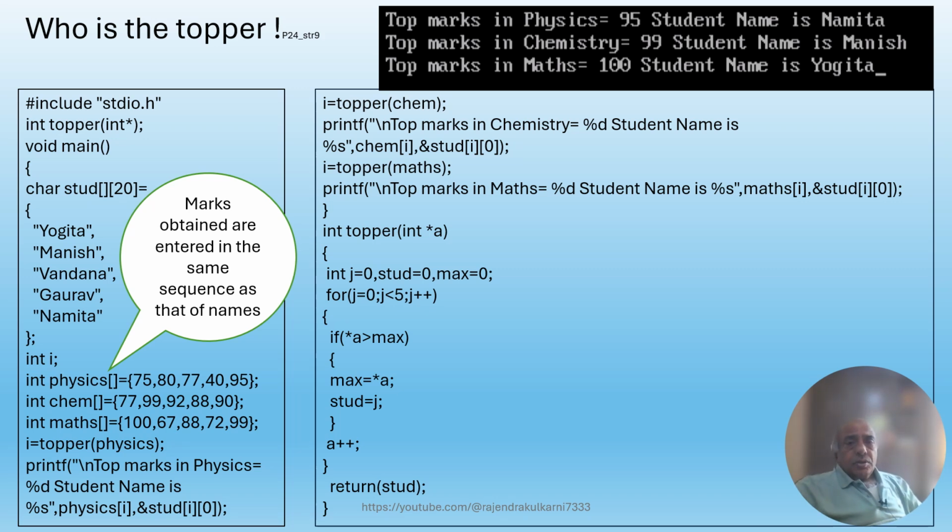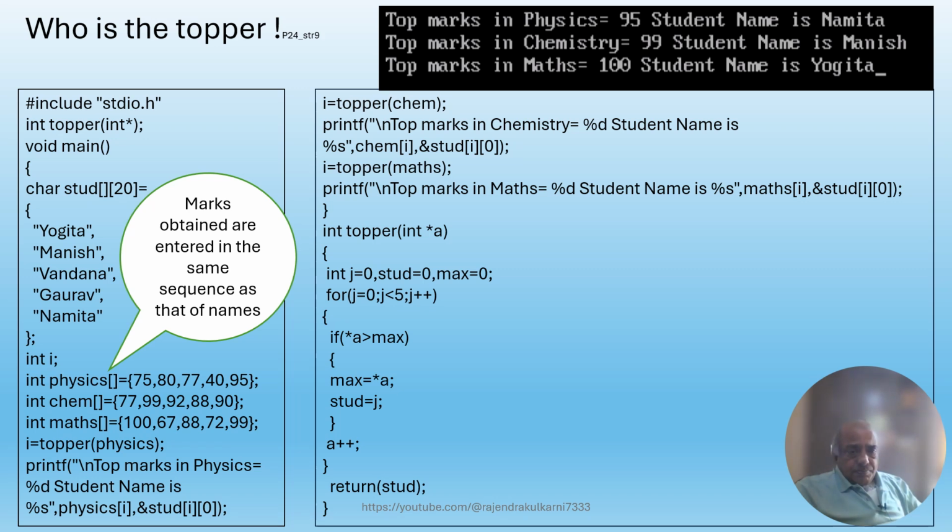So on executing this program, the output is: top marks in physics is equal to 95. We will see in this array 95 is the maximum marks, and the student name is Namita, which is the fourth element of the 2D array, which is a single 1D array having contents Namita. Top marks in chemistry is equal to 99.